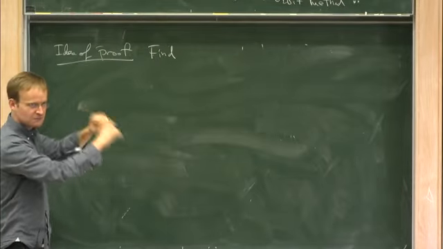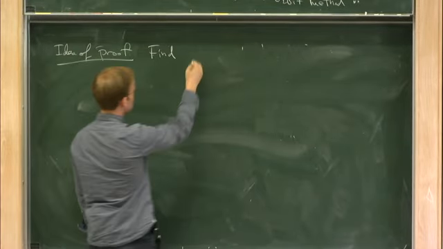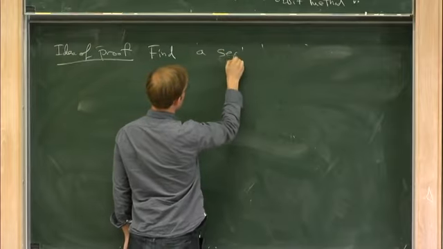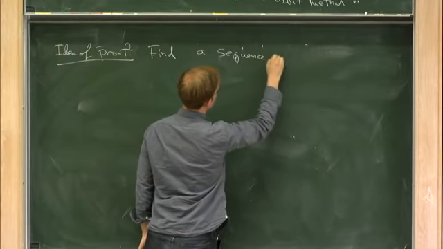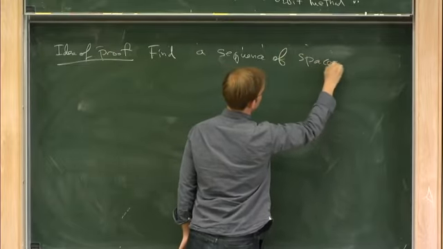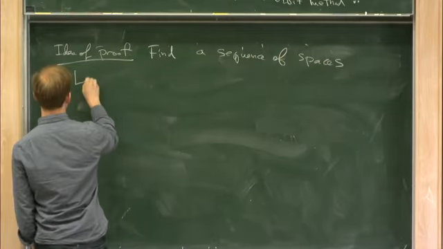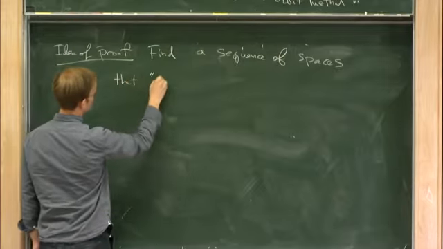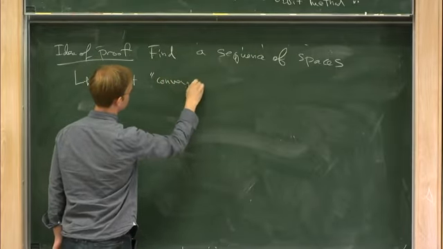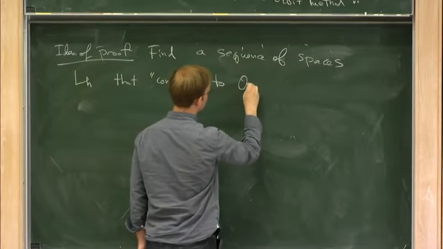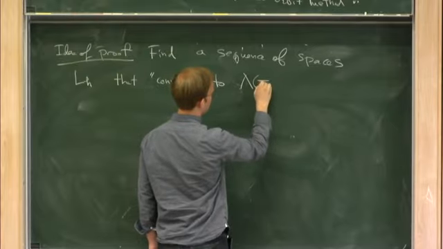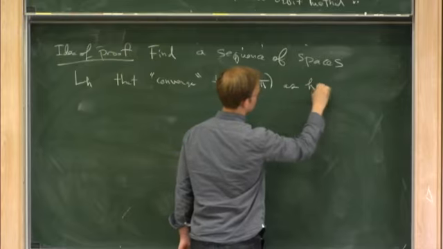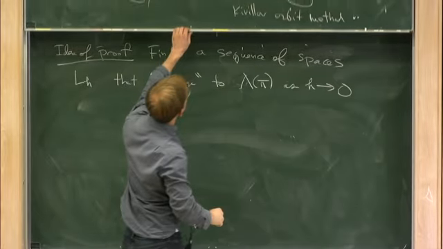So that's the perspective here. Find a sequence of spaces, let's call them LH, that roughly converge to, let's say, lambda of pi as h tends to 0.